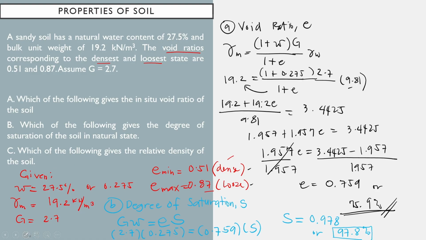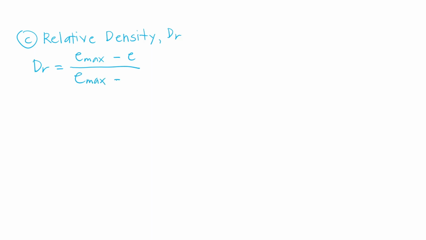Ayan, next tayo. Ito yung relative density. So, dito naman, yung kinukuha natin dito, yung state of compactness nung natural granular soil natin. So, yung compactness, yung kinukuha natin dito sa relative density. So, yung formula dito, yung E max minus yung E divided by E max minus E min, times 100%. And then, isalpak natin yung mga value.